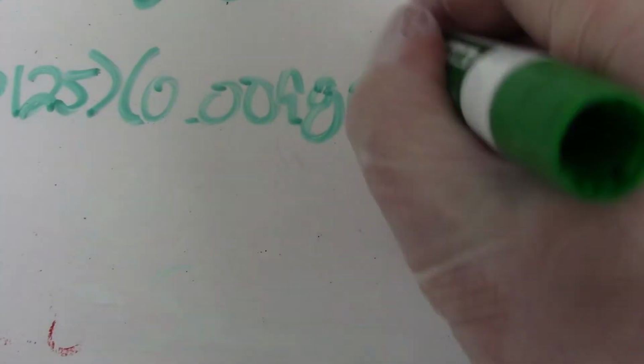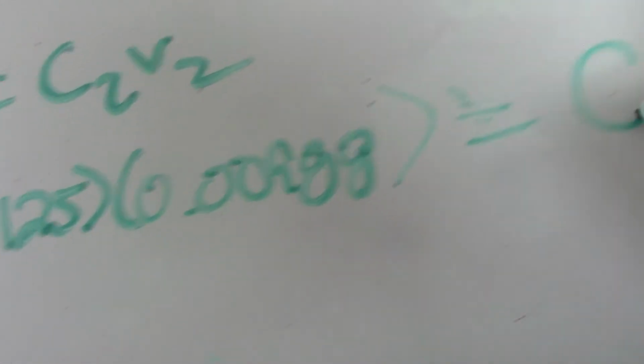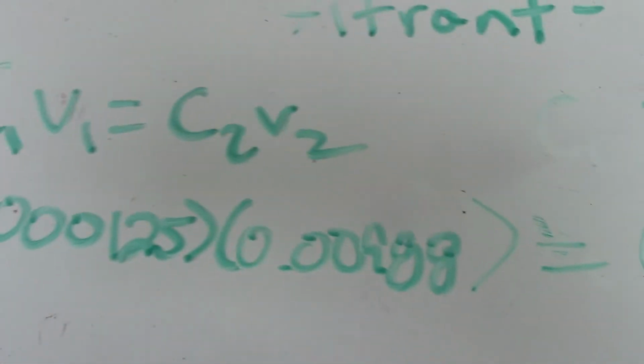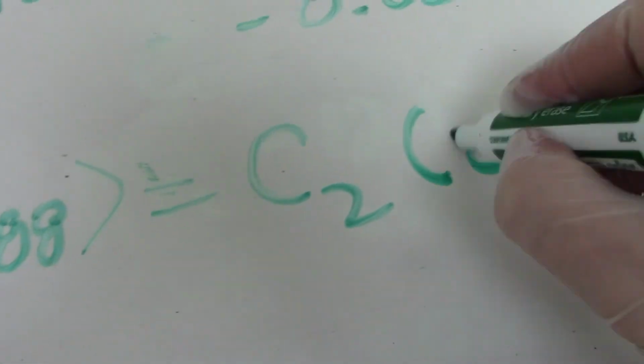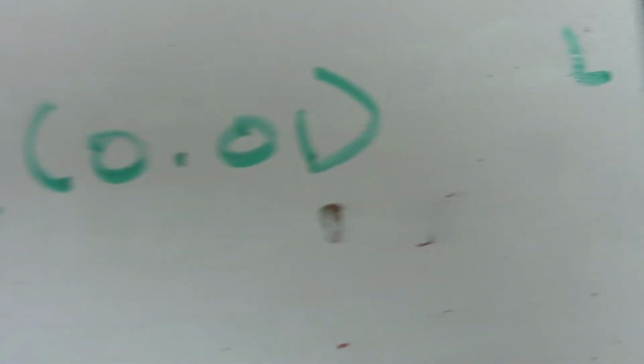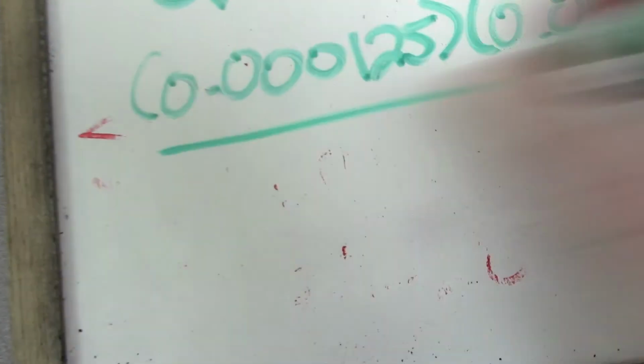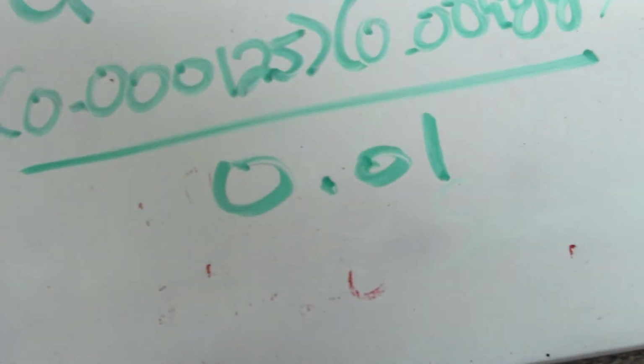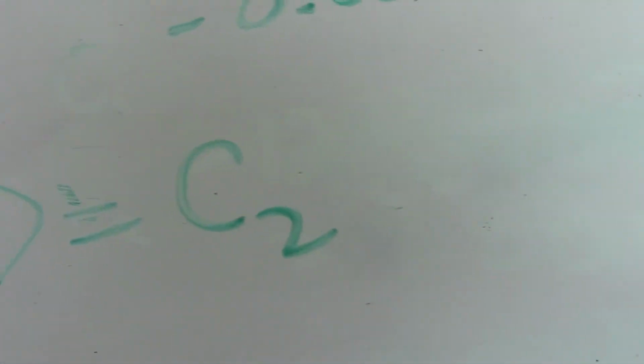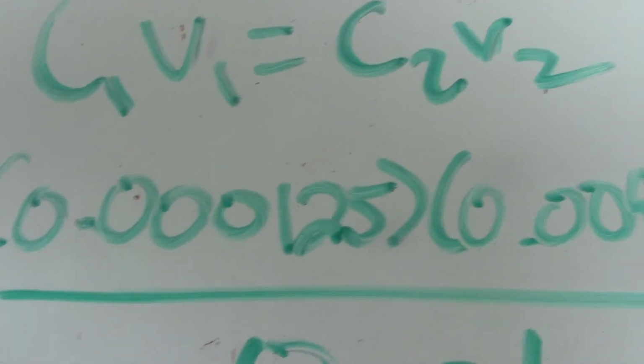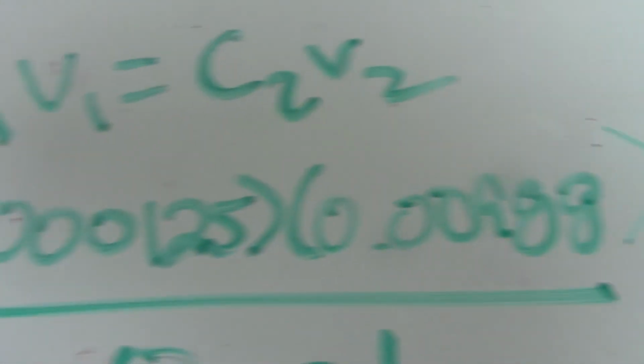My C2 is what I'm trying to find, and the volume of the sample, which is the water, is 0.01 liters. So my C2 is these multiplied by each other and then divided by 0.01.